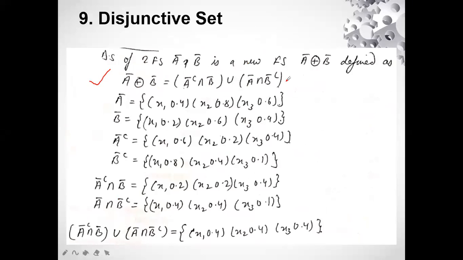We all know how to do the intersection, how to find the complement, and how to find the union. So first of all, we are going to see what A bar and B bar are. We are going to calculate the complement of A bar and the complement of B bar, then do the intersections of A bar with B complement and A complement with B bar, and then do the union of these.